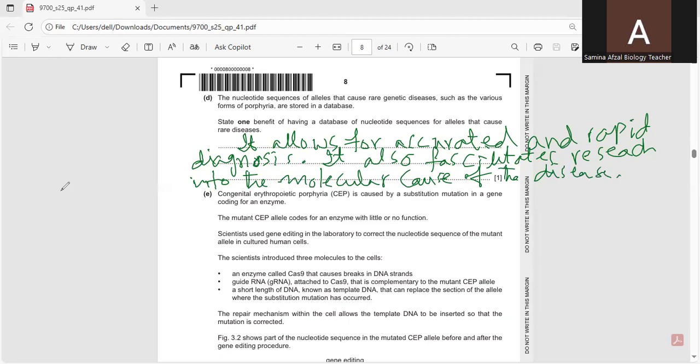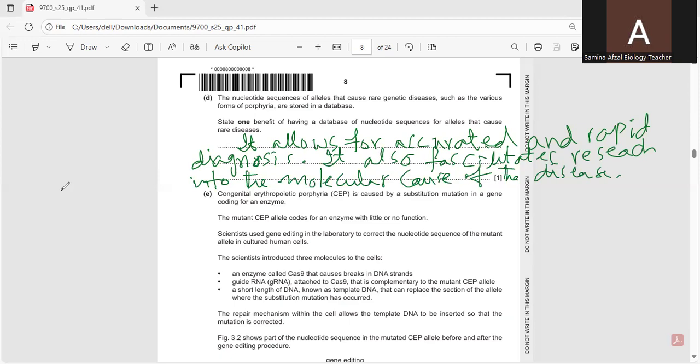Okay, the next part: congenital erythropoietic porphyria is caused by a substitution mutation in a gene coding for an enzyme. The mutant CEP allele codes for an enzyme with little or no function. Scientists use gene editing in the laboratory to correct the nucleotide sequence of the mutant allele in cultured human cells.